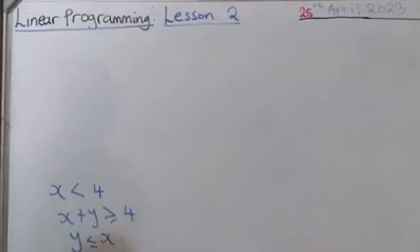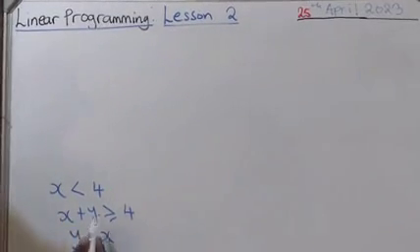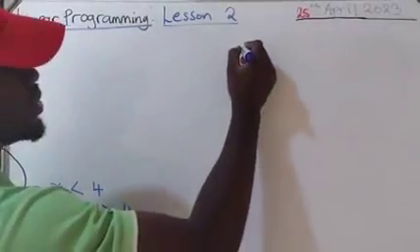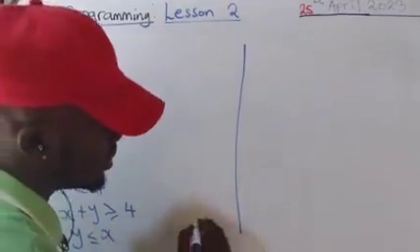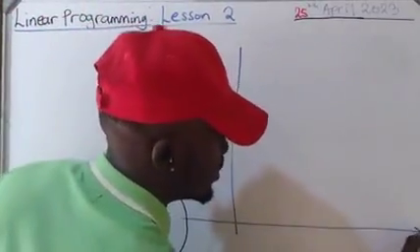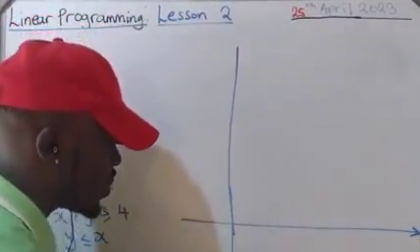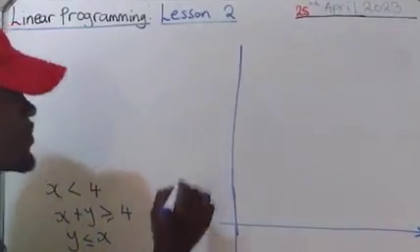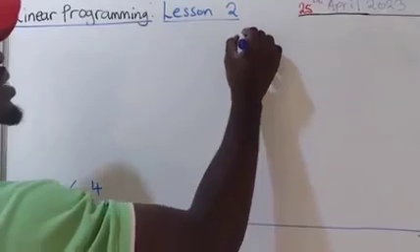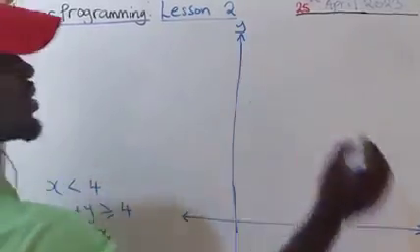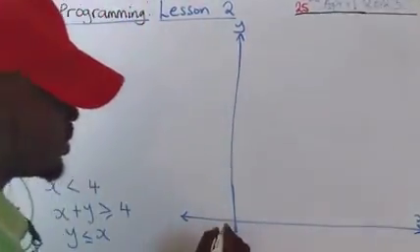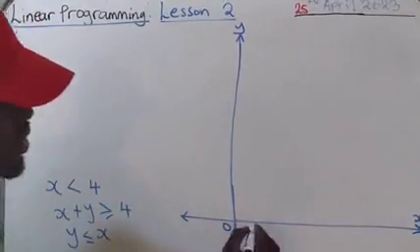What we are going to do first, I'll look at the maximum value here. I've got 4. When I draw the two axes, like this, we'll say this is the y-axis, this is our x, the origin.